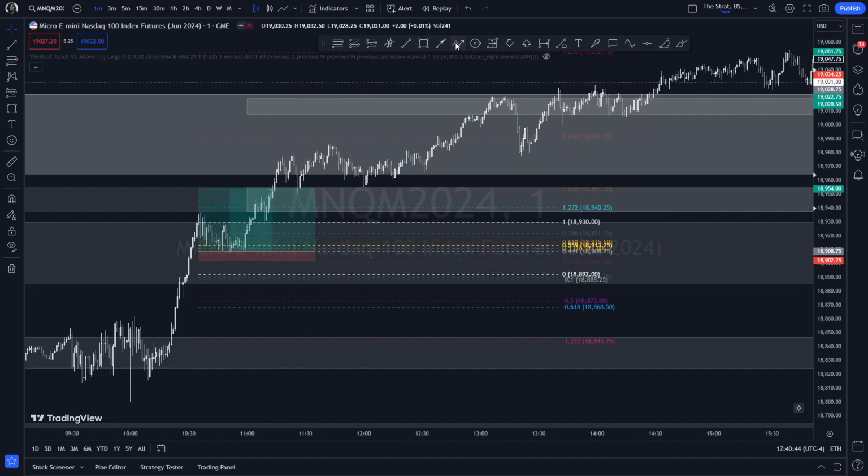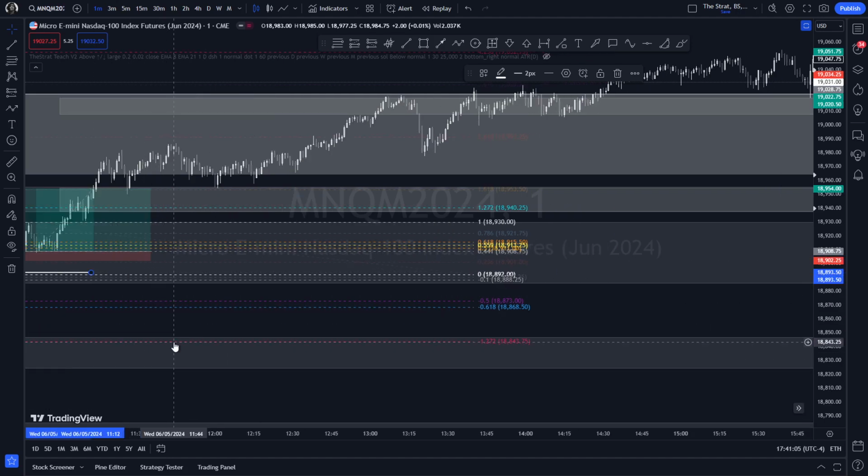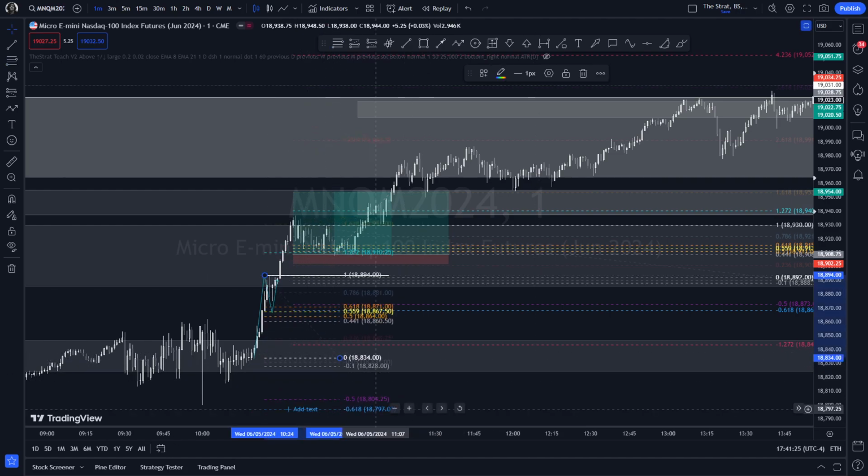This was the first move, and then it pulled back, and so your breakout would have been right here. As far as continuation is concerned, it would have been right here on that level, because you can see how it pulled back to here. If it was to pull back more, it would at least have come back to here. But pulling that from here to here, it never did that.